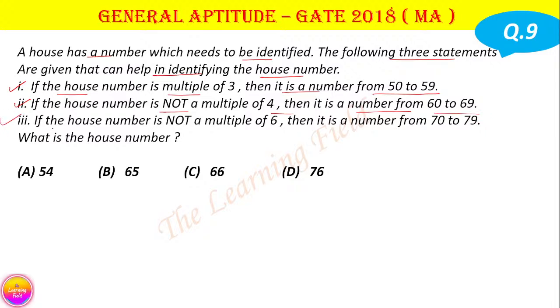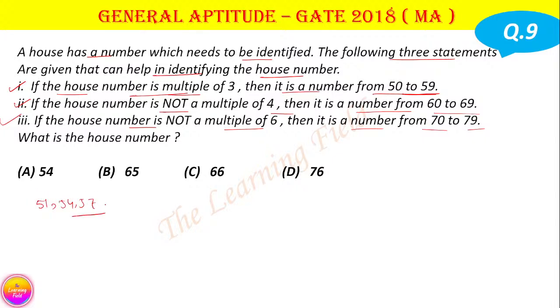Condition 3 is if the house number is not a multiple of 6, then it is a number from 70 to 79. If we go with the first condition, that is if the house number is a multiple of 3, then it lies in 50 to 59. The possibilities from 50 to 59 are 51, 54 and 57.